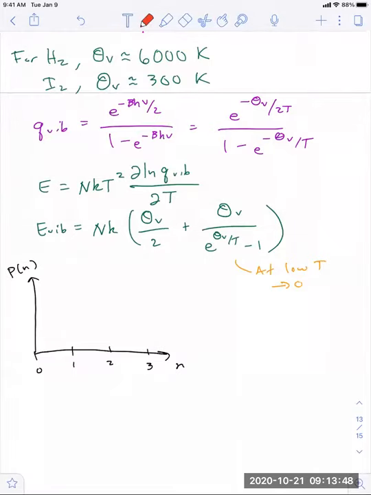If we look at this expression for the vibrational energy, we see that it's related to the vibrational temperature. So if we have a very large vibrational temperature, these energies will be really spaced out. We have high frequencies, so the spacing between energies gets very large. The way that manifests here is that we'll have a very high population of these low energy states.